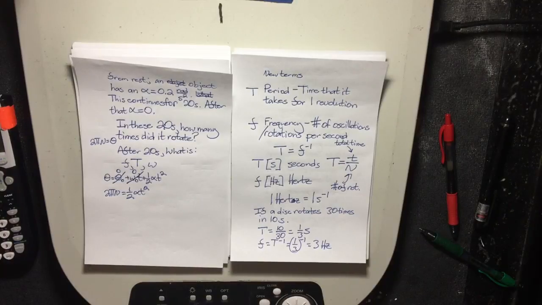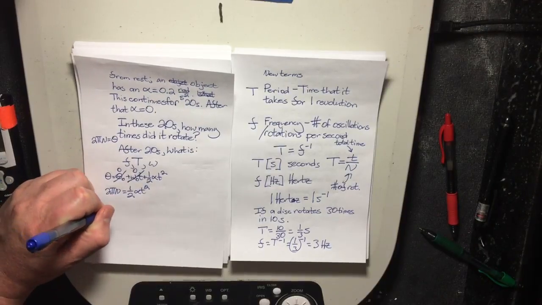In this particular setup, we ask again the question, do we know what n is? No, we're looking for that. Do we know what alpha is? Yes, 0.2. Do we know what t is? Yes, 20. Those were given.